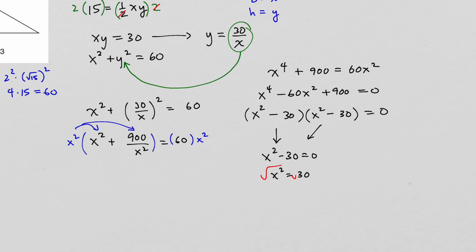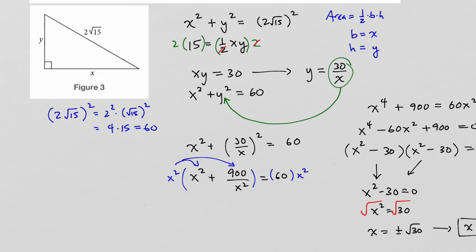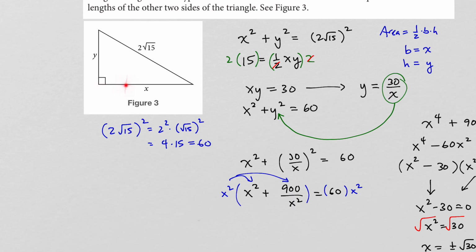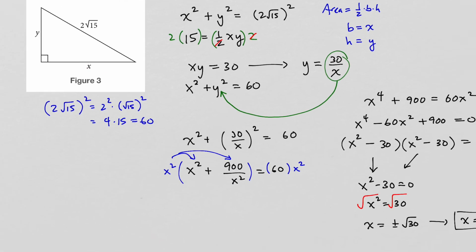And after taking the square root of both sides, we get x is equal to plus or minus the square root of 30. However, this means that x is only equal to the square root of 30 because remember, x is the base of this triangle, and the base of a triangle cannot be a negative value.